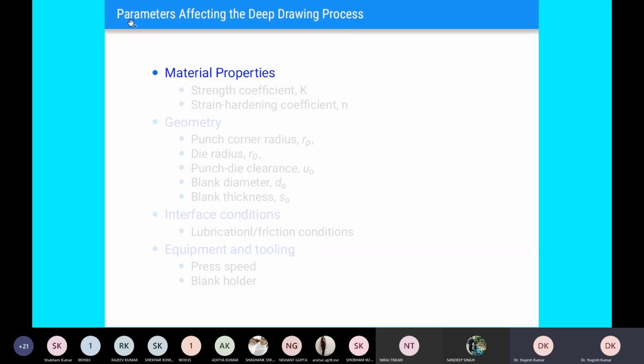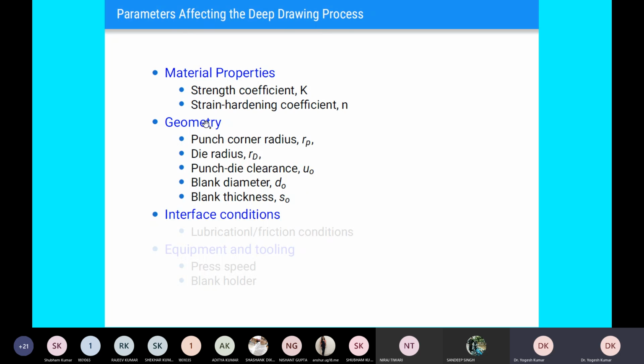What are the parameters which affect the deep drawing process? These parameters are material properties. Under material properties, we have strength coefficient and strain hardening coefficient. There are geometry parameters like punch corner radius, die radius, punch clearance, blank diameter and blank thickness.